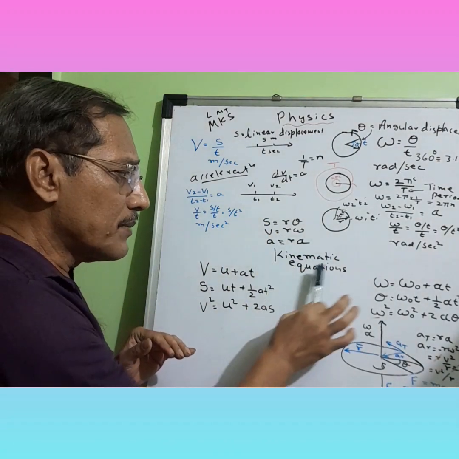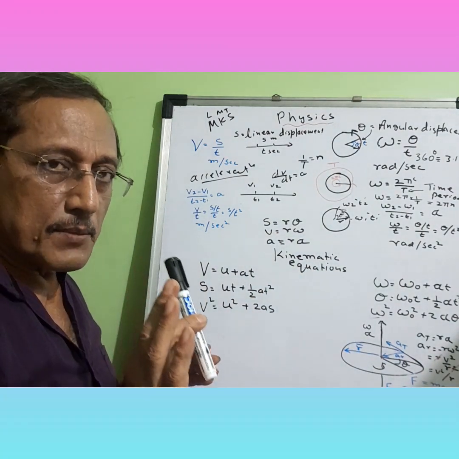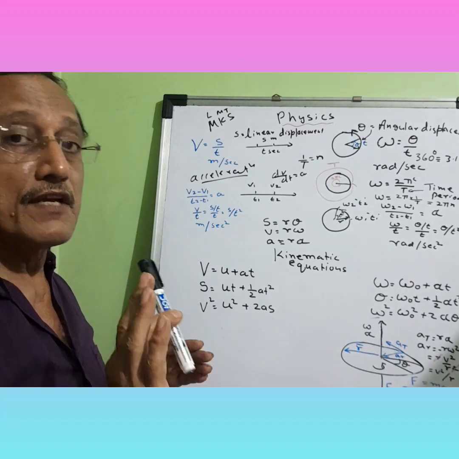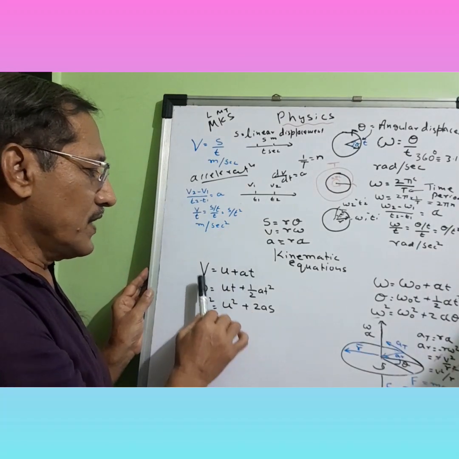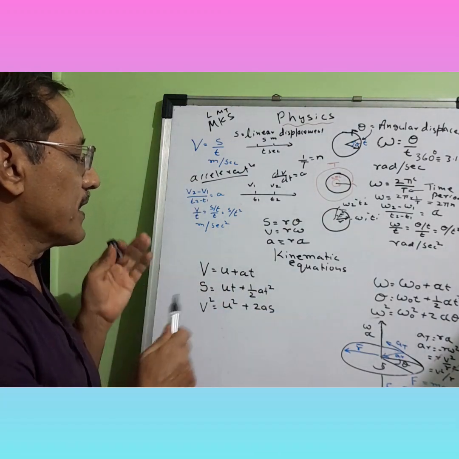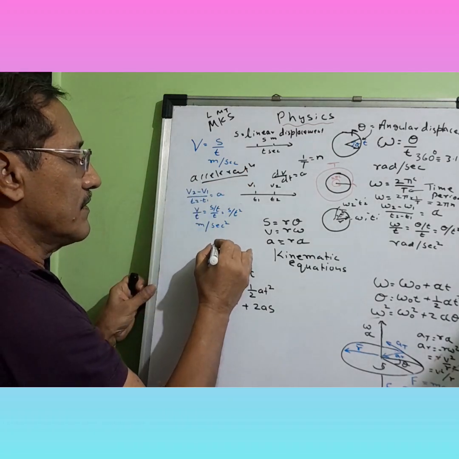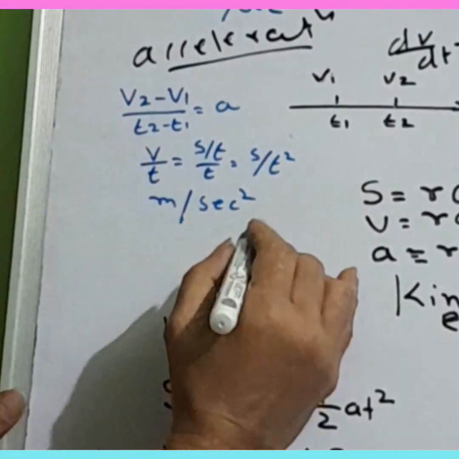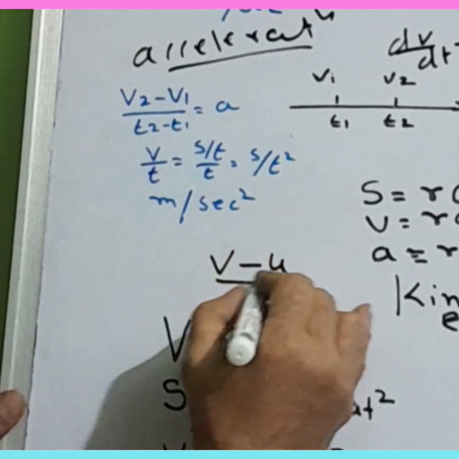Now about kinematic equations. I'm sure you are all aware of kinematic equations in linear format. This was what you had learned: v is equal to u plus at. This is very simple. Here v is the final velocity, and normally the initial velocity we write as u; acceleration is (v minus u) upon t.